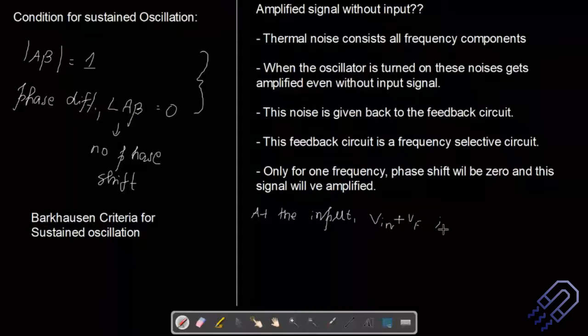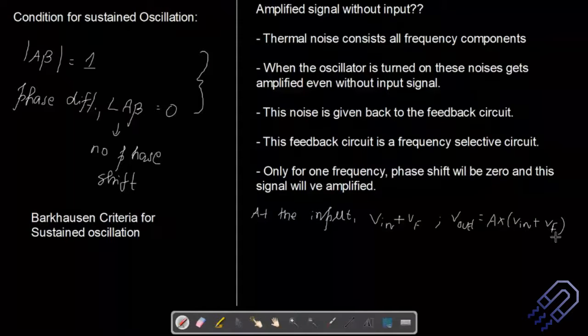And we already know that V out is equal to the amplification factor, or gain factor, A, into whatever is the input. But at the input, we have both the input plus the feedback.